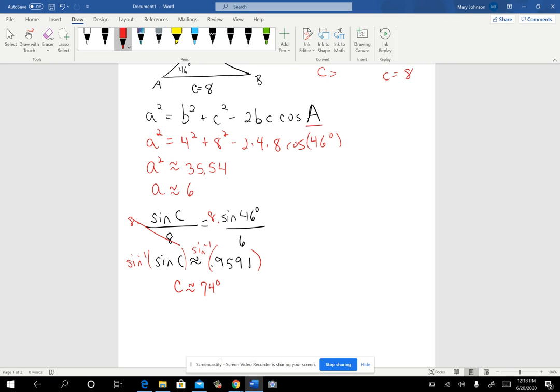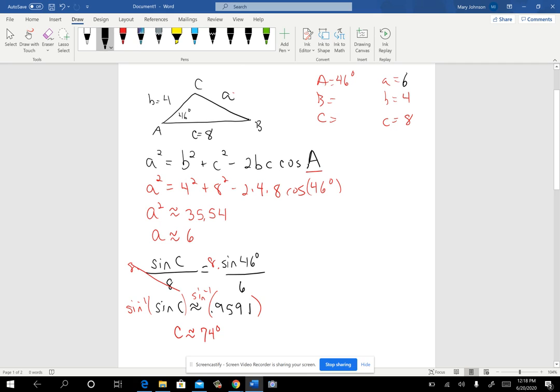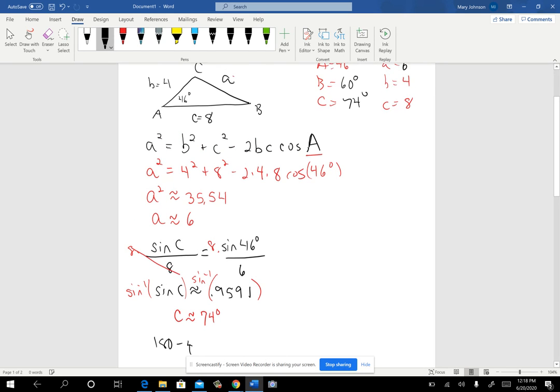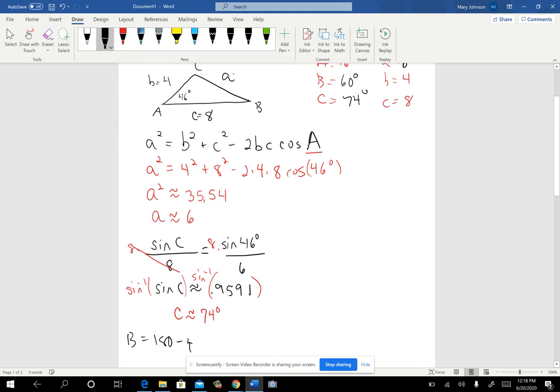All right, so then you might be thinking, all right, so now I know that's 74, and so let me just go ahead and take 180 minus 46 minus the 74, and that tells me that B has to be 60 degrees, and move on, and then find out that you're wrong. Okay, so I'll show the work I did to get B. Okay, minus 46 minus the 74, and that's 60 degrees. Okay, but that turns out to be incorrect.